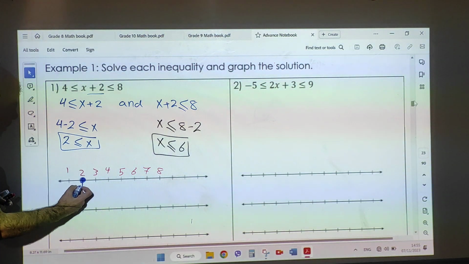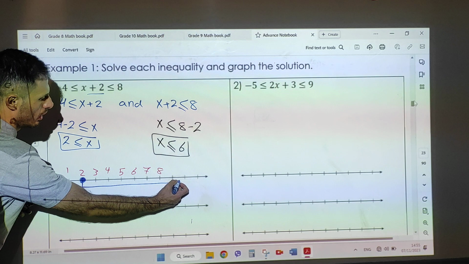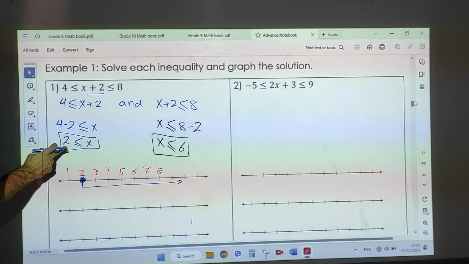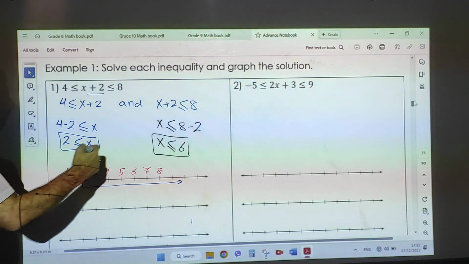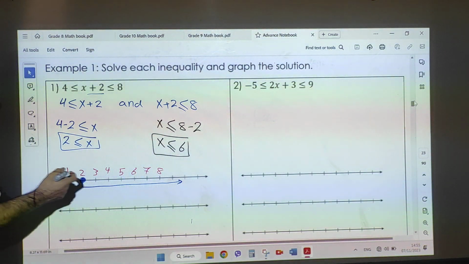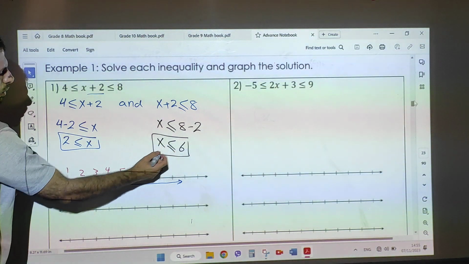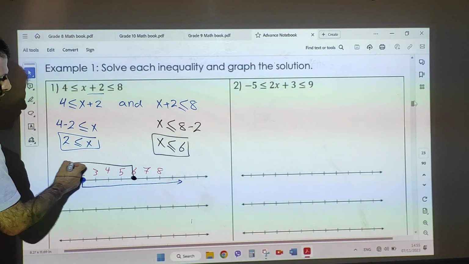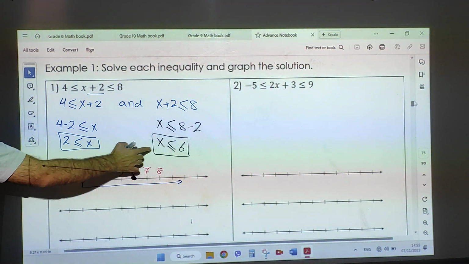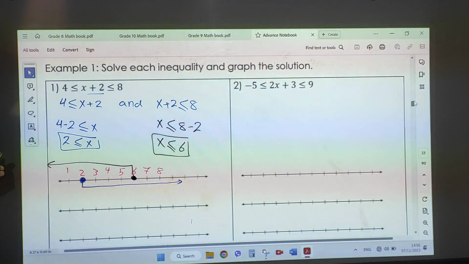But in the compound inequality, don't show this on the line at first, because this is only the solution for this one. Now we show the solution for the black one, x is less than or equal to 6. Let's show 6 and fill the circle. This side is the solution for this one, and this blue is for the other one.